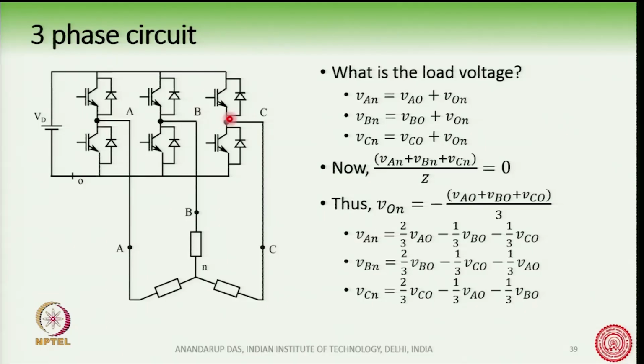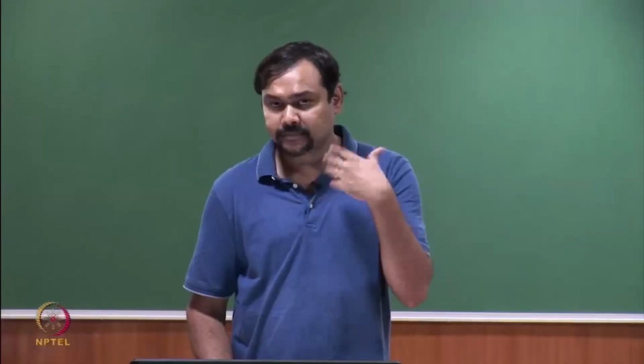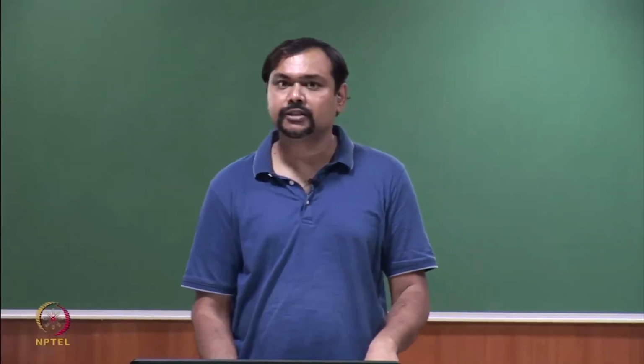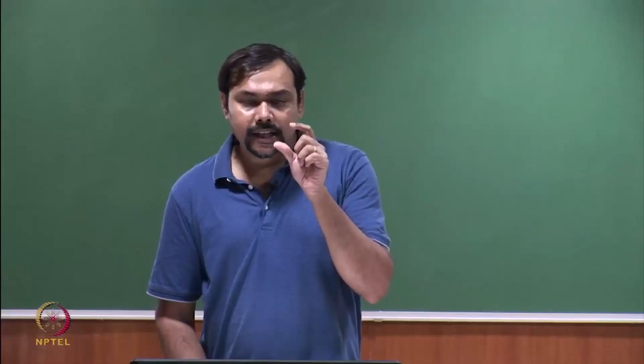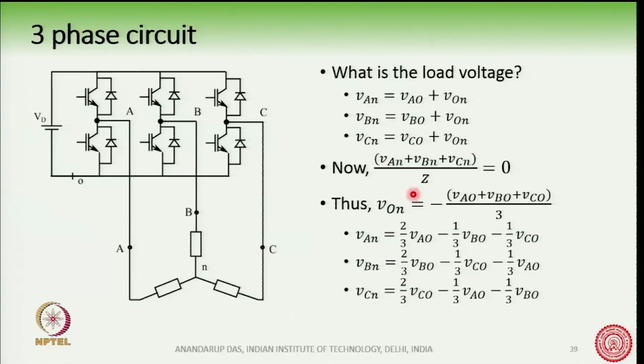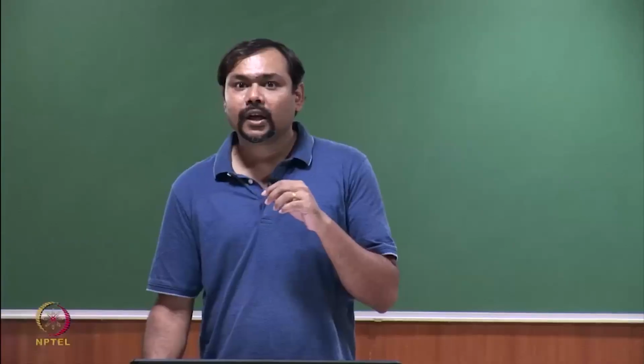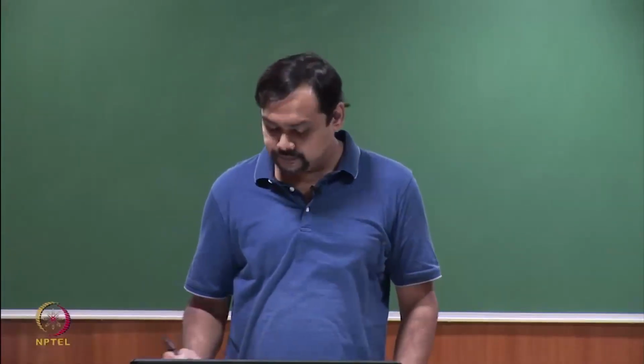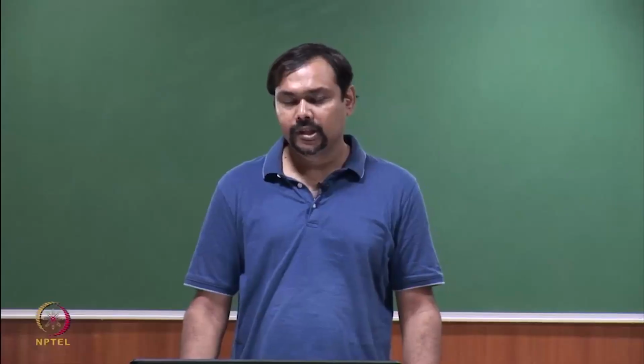For example, if there was a synchronous machine connected as the three phase load here, synchronous machines produce sinusoidal voltages. And if it is a perfectly balanced sinusoidal voltage that is produced by the synchronous machine, the instantaneous sum is always equal to 0. But here in this converter, the instantaneous sum of pole voltages is not equal to 0 for all of the switching states, and therefore, a common mode voltage exists between point O and N.